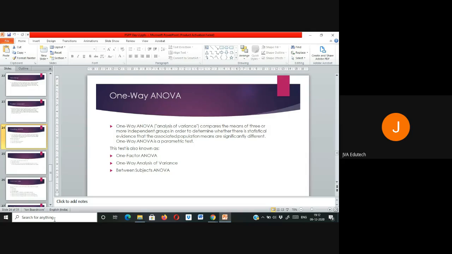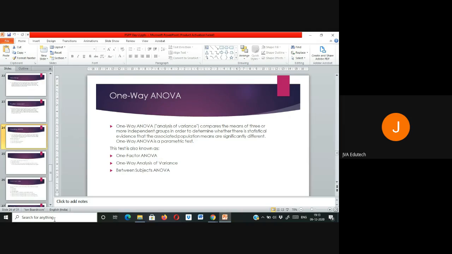Now this one-way ANOVA compares the means of three or more independent groups in order to determine whether there is statistical evidence that the associated population means are significantly different. So it's just, you can say, the extension of the two sample test.